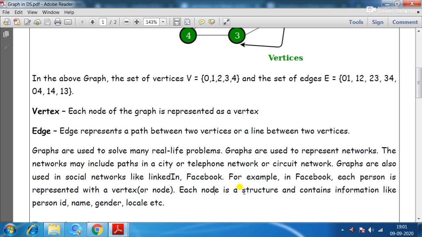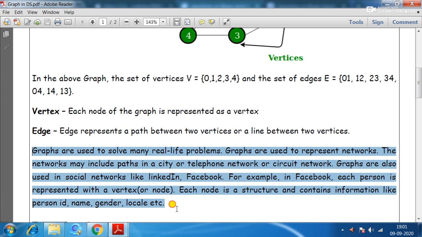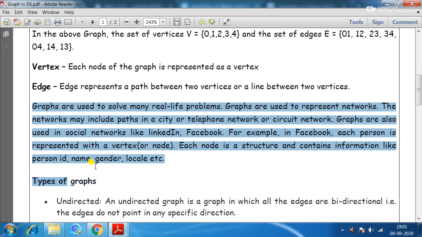Each node is structured and contains information like person ID, name, gender and locale. So graphs have many applications and they are used in computer networks, in the analysis of algorithms, in operating systems and so on.